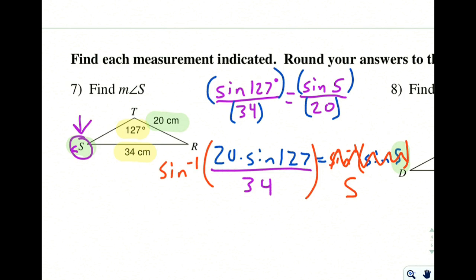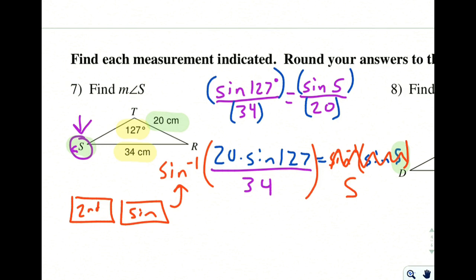So now you type this into your calculator in a single shot. On most calculators there's a second key, and then you would push the sine key. So you do second sine, and that on most calculators will give you this inverse sine right here. It gives you an open parenthesis.